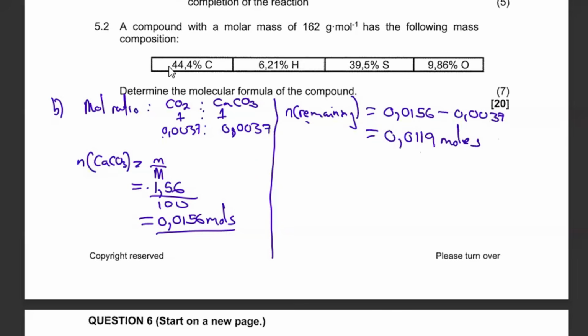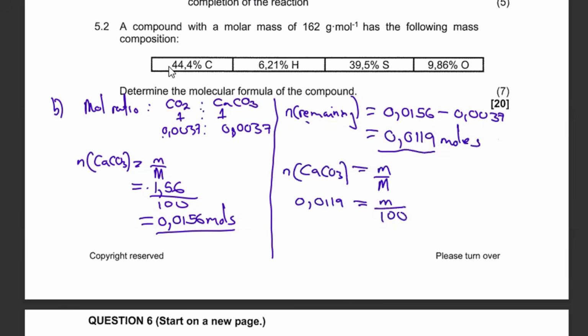But according to this question, it says calculate the mass, right? Mass of what? Of calcium carbonate. What we have here are the number of moles. So we go back again: n of CaCO3 is equivalent to m over M. The number of moles remaining, 0.0119, is equal to the mass of calcium carbonate, which is what we're looking for, over the molar mass, which is 100.